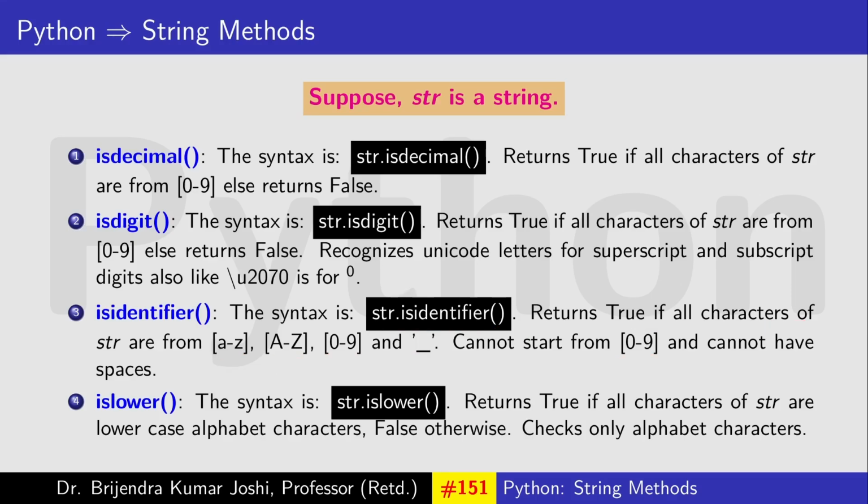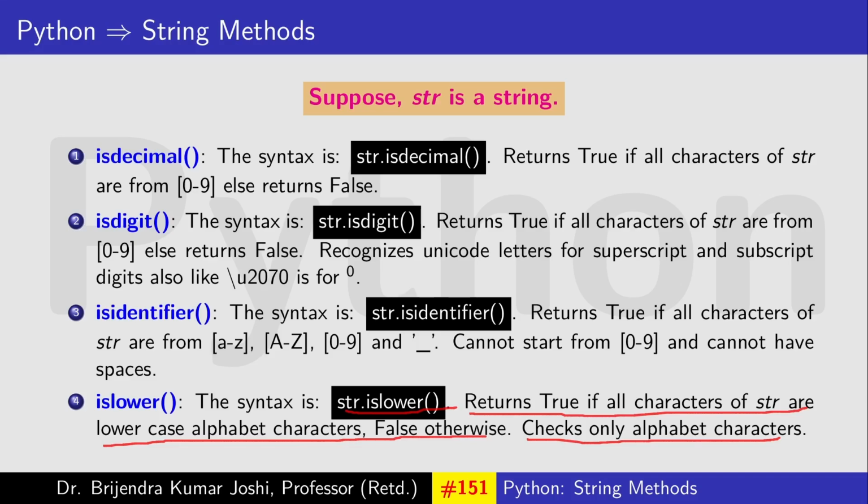And the last one is islower. The syntax is str.islower, no parameters required. It returns true if all alphabet characters of str are lowercase, otherwise it returns false. It checks only alphabet letters.